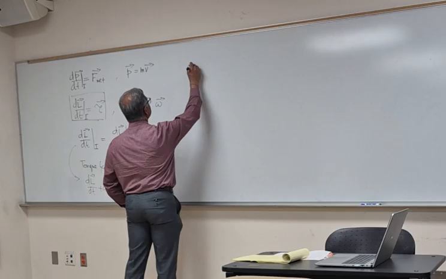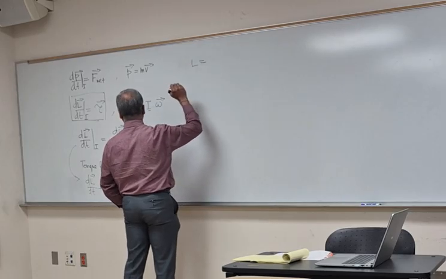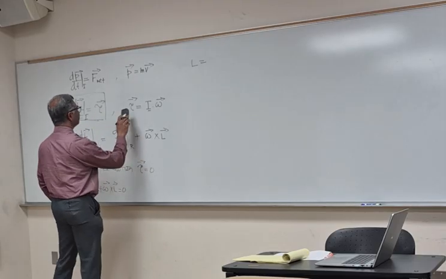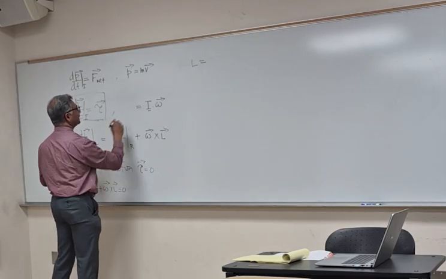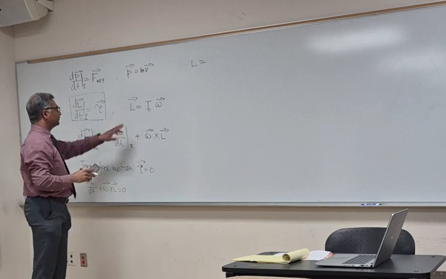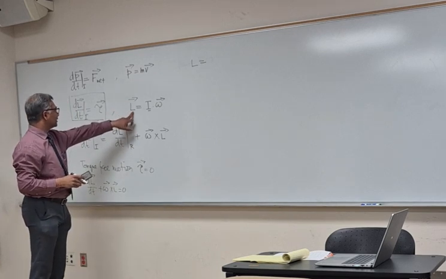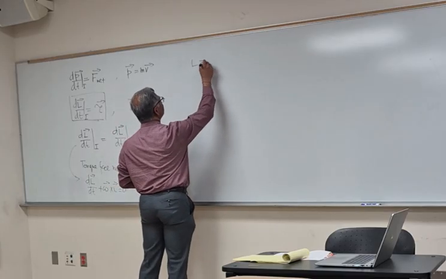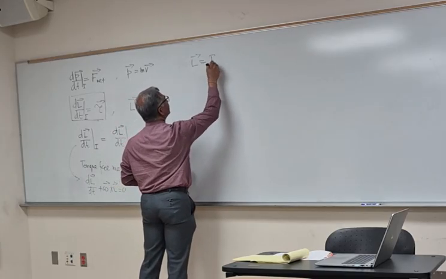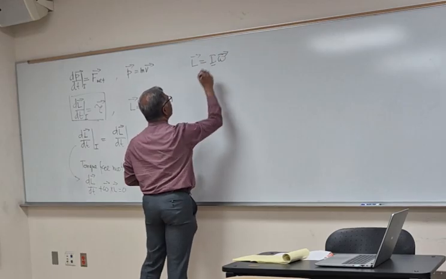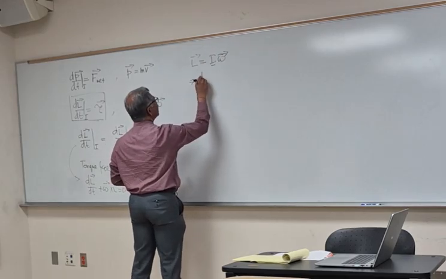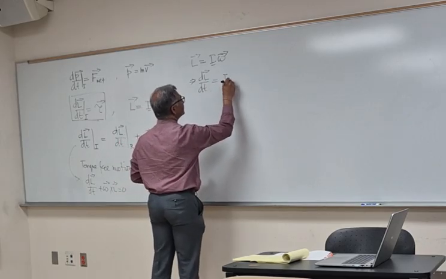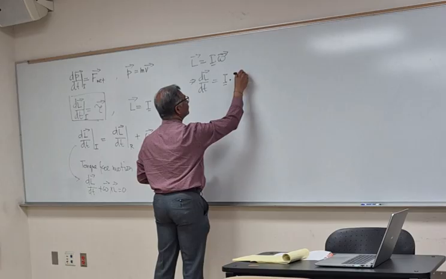So here I have made a mistake. This is not tau, L is equal to I omega. So the angular momentum vector is equal to I inner product with omega. So L is equal to I omega. That means dL/dt is equal to I inner product with omega dot.